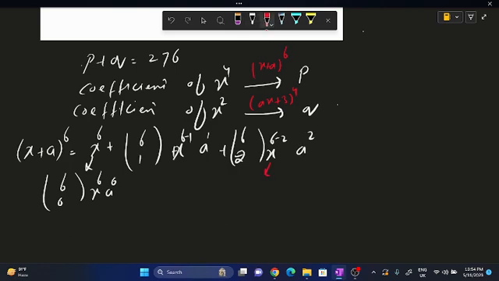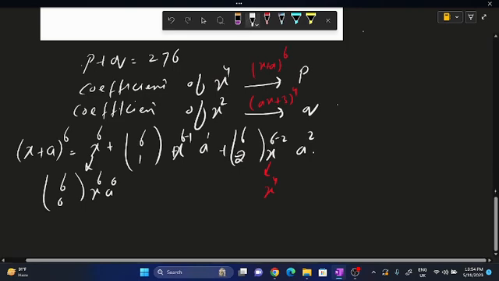Whenever you solve x raised to the power 6 minus 2, that gives you x raised to the power 4. It means that you have to expand this binomial expansion up to this point, because that gives you the x raised to the power 4 coefficient.